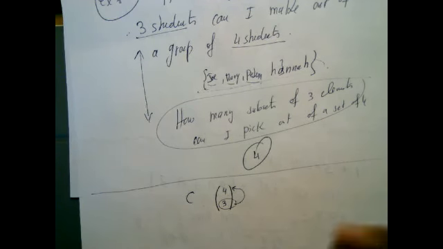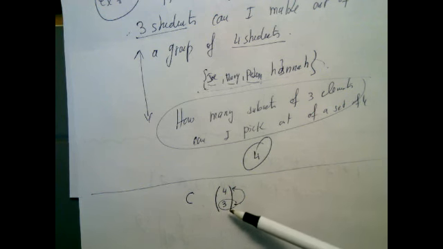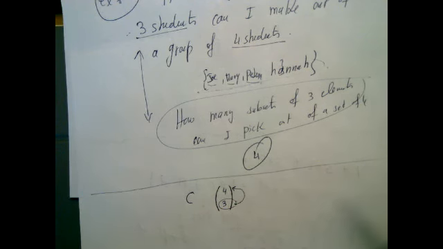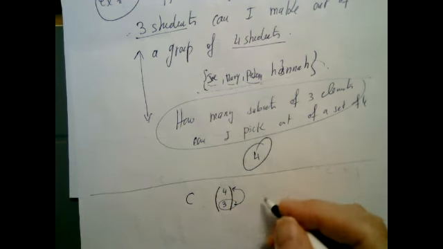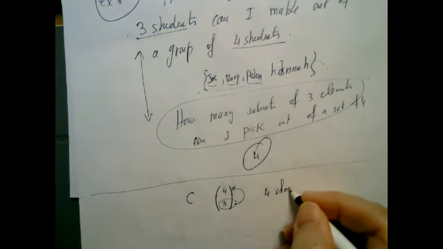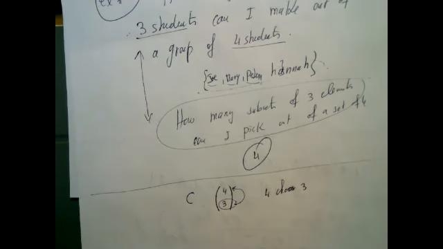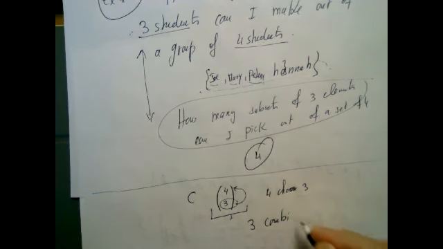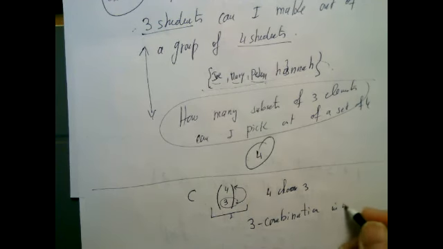Another way to think of this is in how many ways I can choose 3 objects out of 4 distinct objects. We're going to call this 4 choose 3, or sometimes a 3-combination in a set of 4 elements.